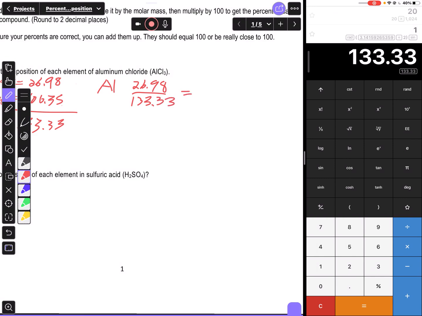And then once I do that, I multiply that number by 100 to get a percent. And then for chlorine, its total mass, those 3 chlorine atoms, was 106.35. I divide it by the total molar mass, which is 133.33. Multiply it by 100 to get a percent.